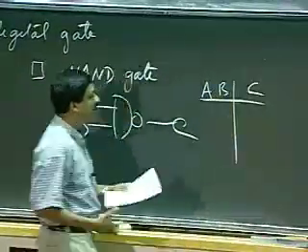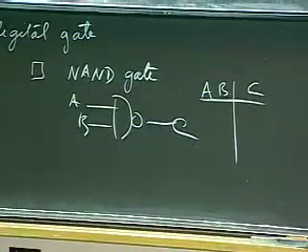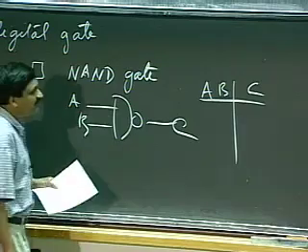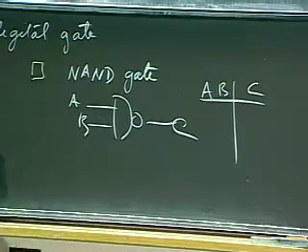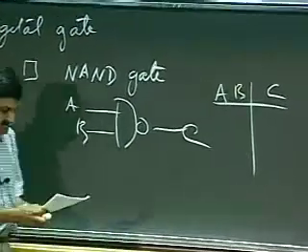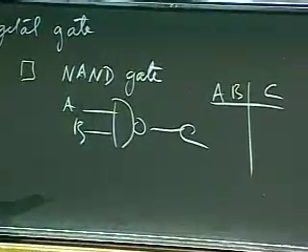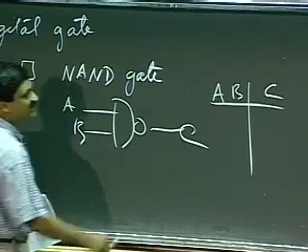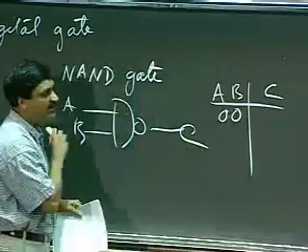Two inputs A and B, and an output C. And the NAND gate works as follows. The output, in English, I can describe its properties as the output is a high at all times when at least one of these inputs is a low value. Okay? So it's high whenever at least one input is a low.